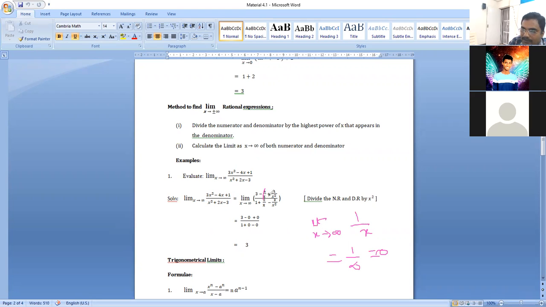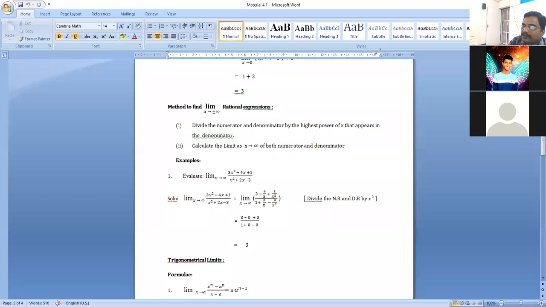So this term is 0, this term is also 0. In the denominator, 2 by x is 0 and 1 by x square is 0. So you'll get 3 minus 0 plus 0 by 1 plus 0 minus 0. So the answer is 3. Is it clear?